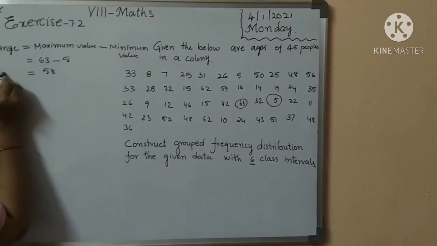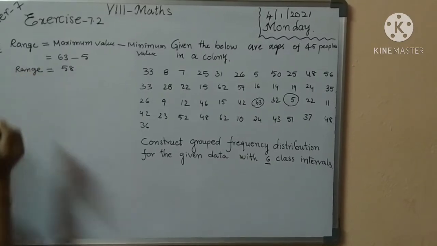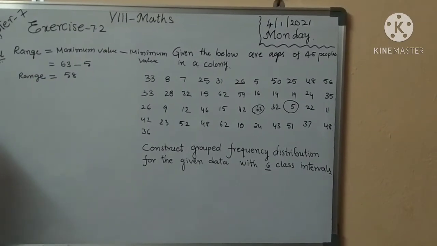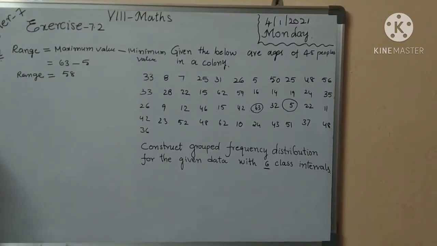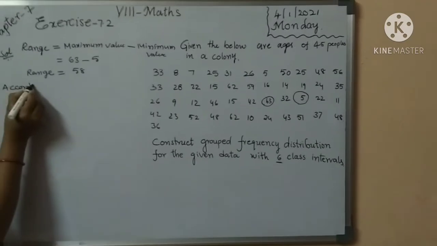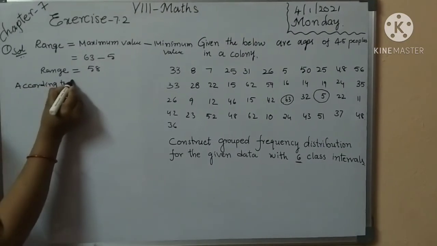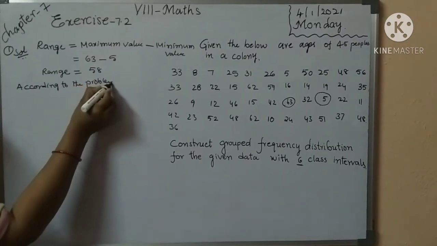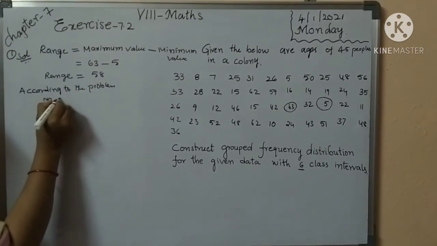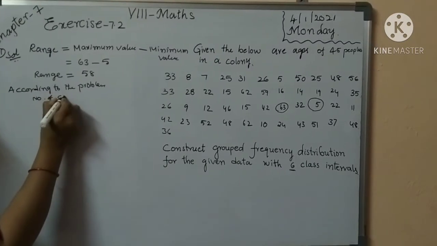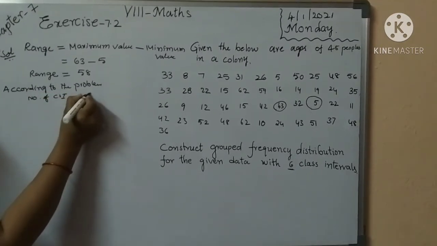It is a range. Next one, according to the problem, the number of class intervals is equal to 6.